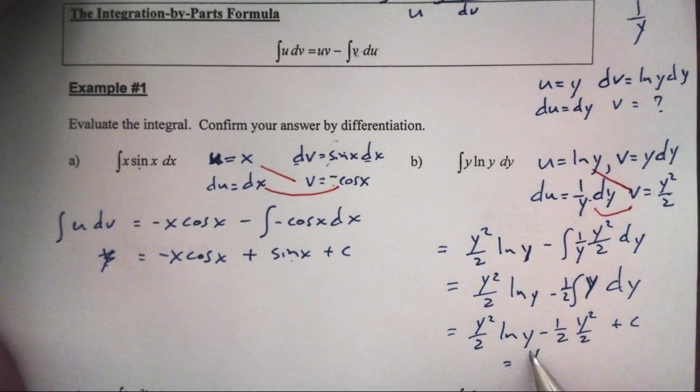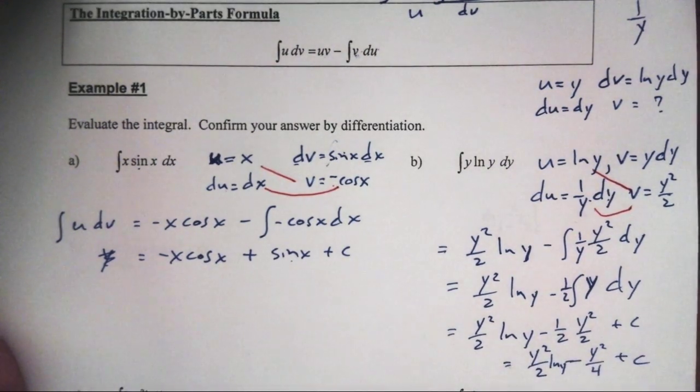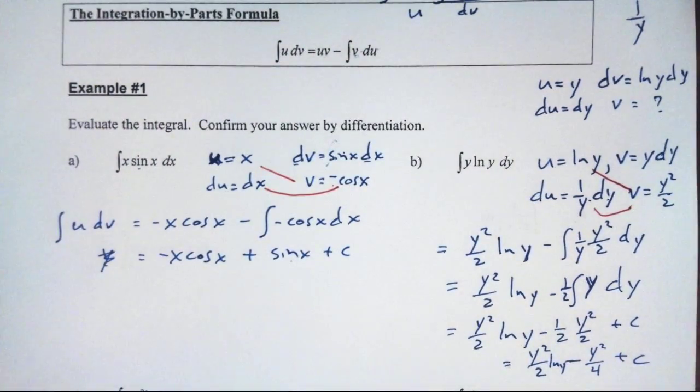Finally, y squared on 2 ln y minus y squared on 4 plus c. And we have it.